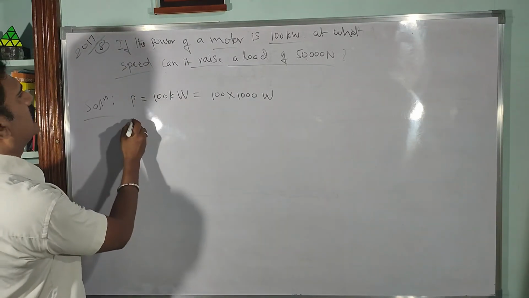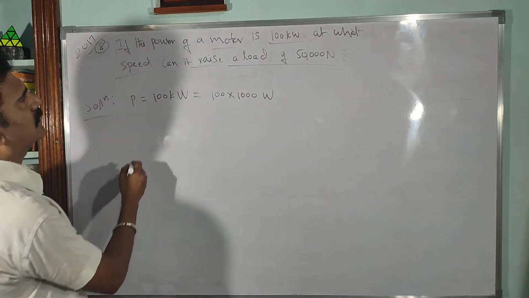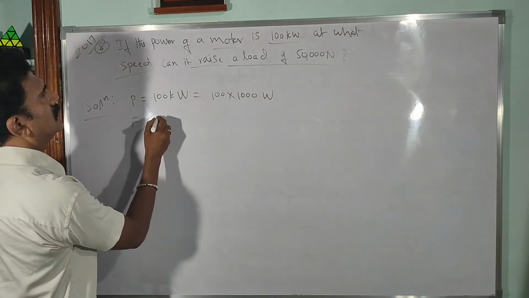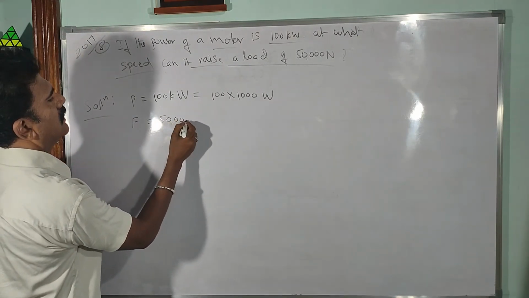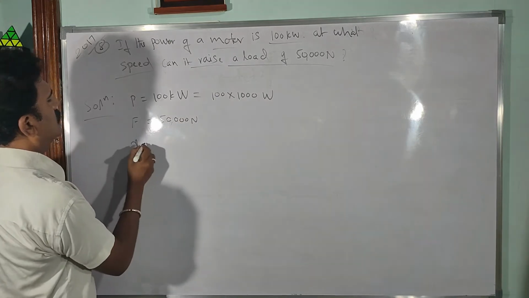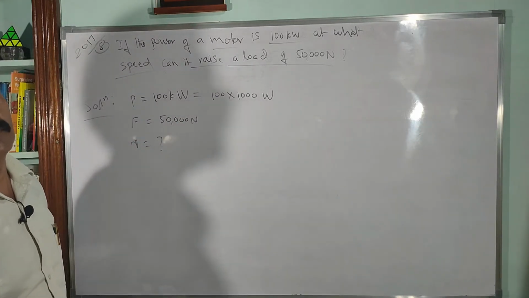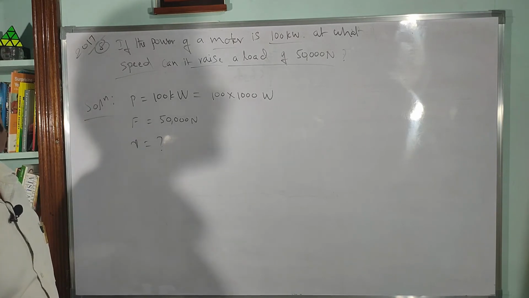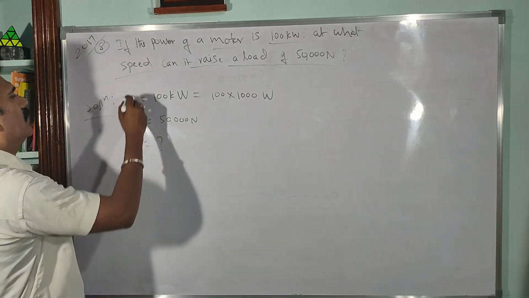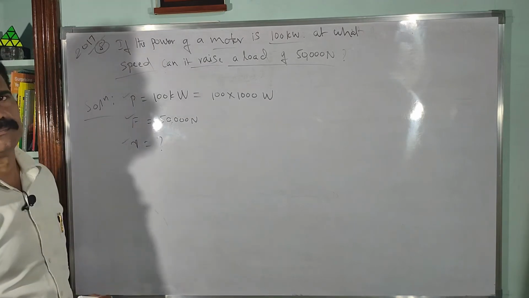You are asked to calculate the speed, if the load is equal to 50,000 Newton. So you are asked to calculate V. Try it, simple problem. You need to consider the relation between power, force and the speed.